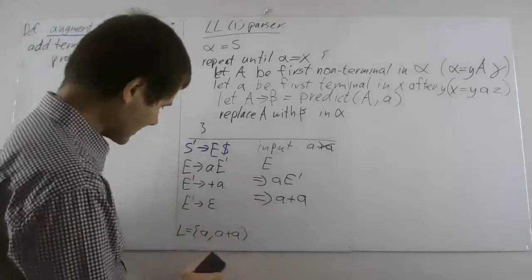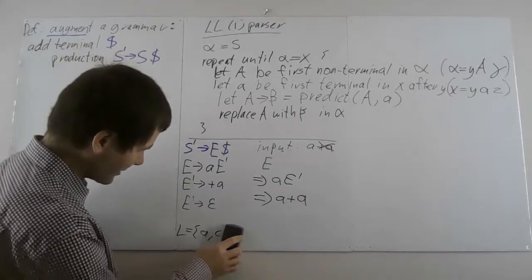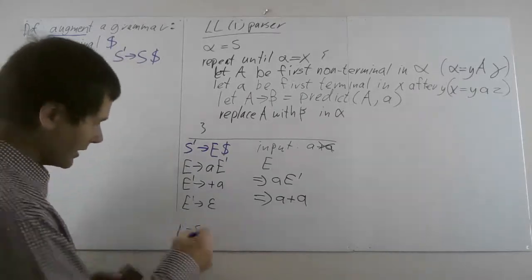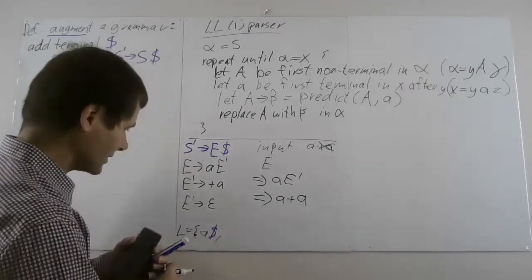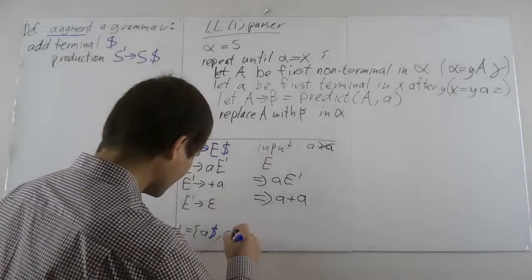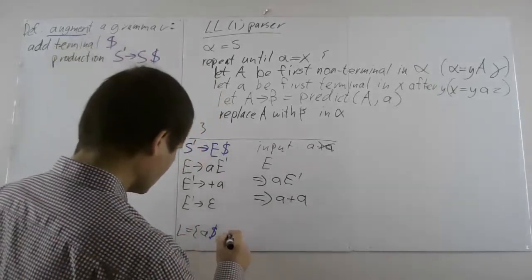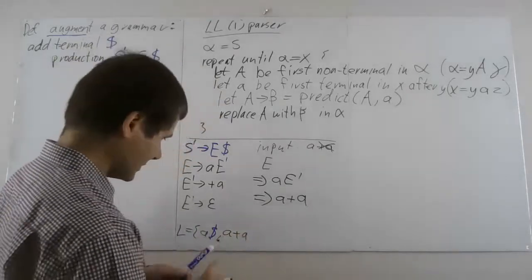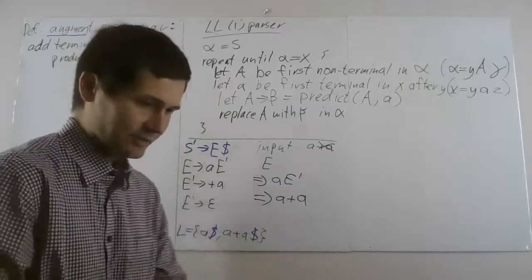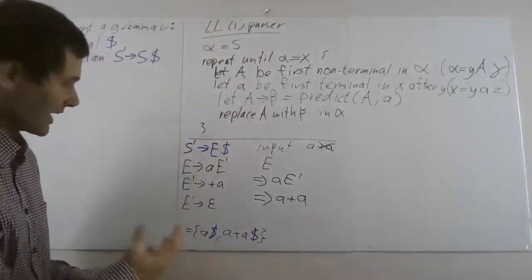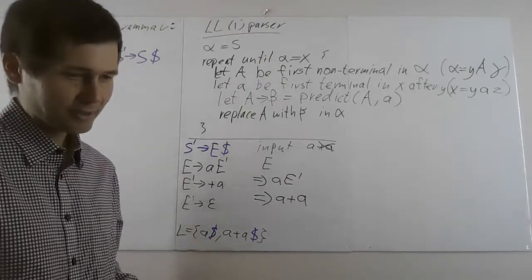So if I have my language definition here, the set of strings that this grammar generates is now A $ and A plus A $. Basically, I've changed the grammar so that every string now has this extra $ appended to it.